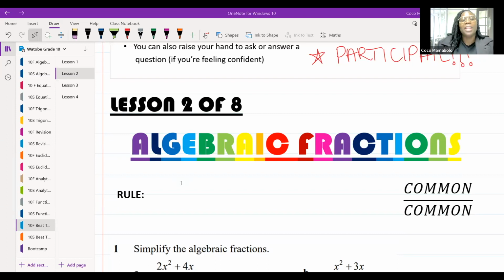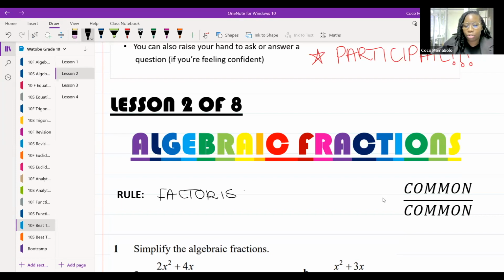Awesome. Okay, so we're going to be doing algebraic fractions today, guys. And the number 1 rule that we need to know about algebraic fractions is, surprisingly or unsurprisingly, that we need to factorize everything.